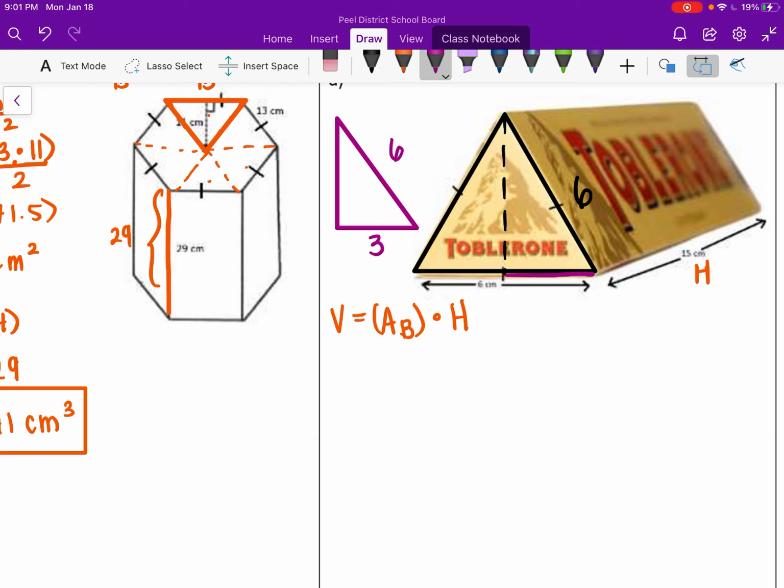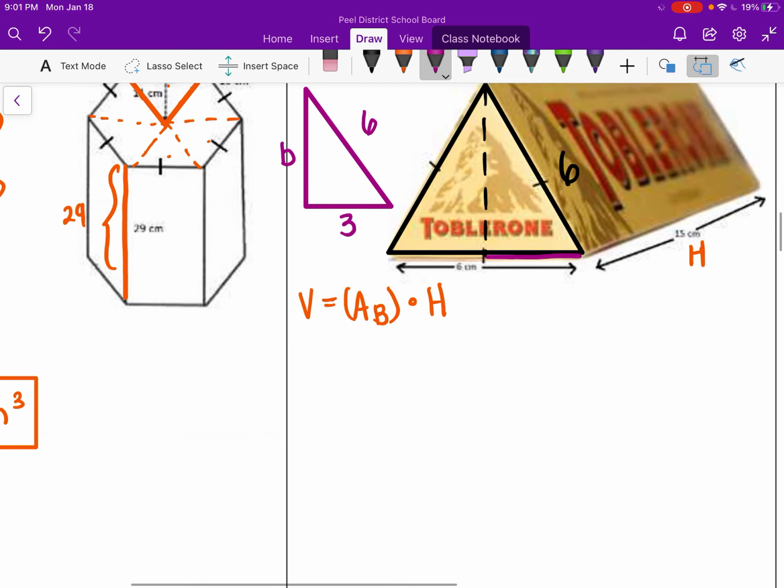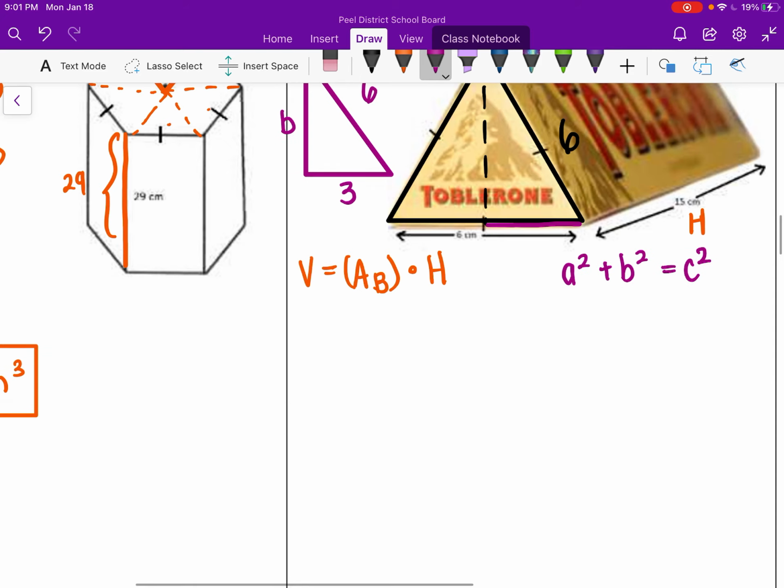And I want to find what this is, so I'm going to say this is B. If I go back and look at A squared plus B squared equals C squared, what's my A? 3 squared plus B squared, which I don't know yet, equals C squared, so 6 squared. I'm going to multiply 3 by 3 plus B squared, because I don't know that. 6 squared is just 36.